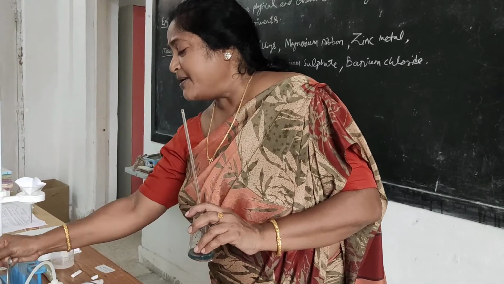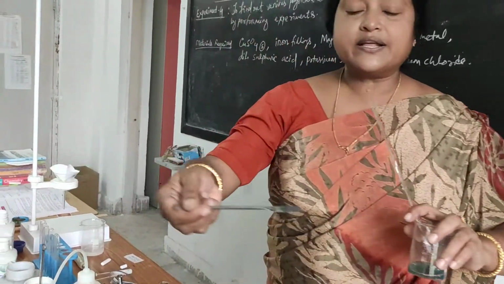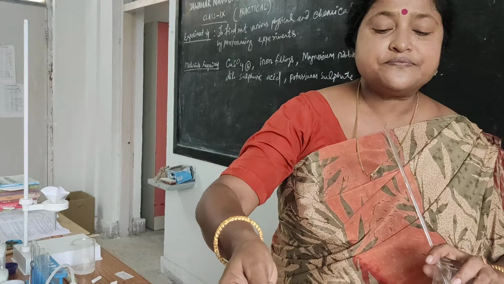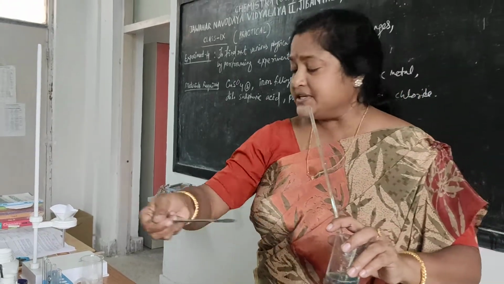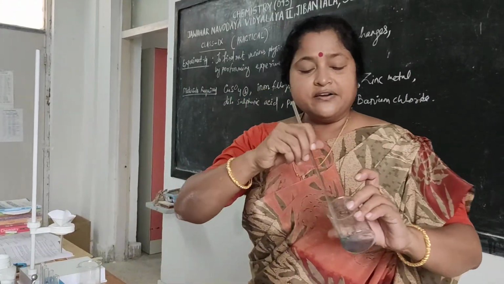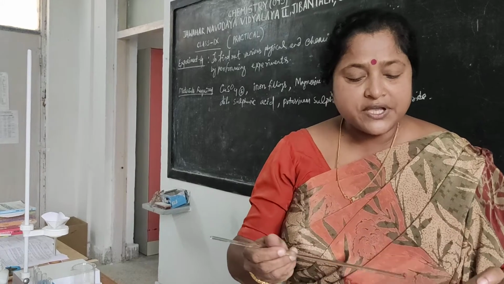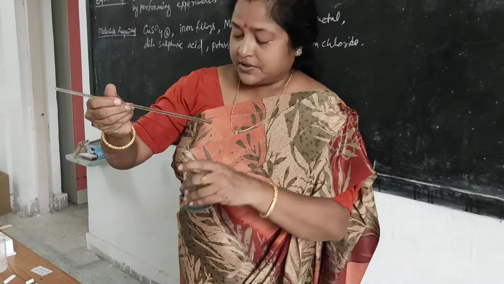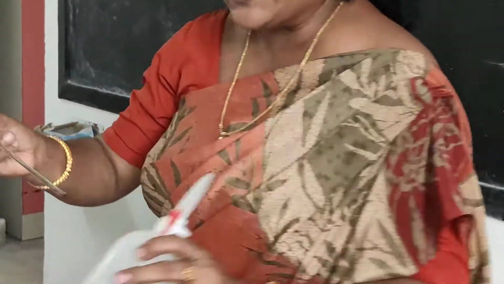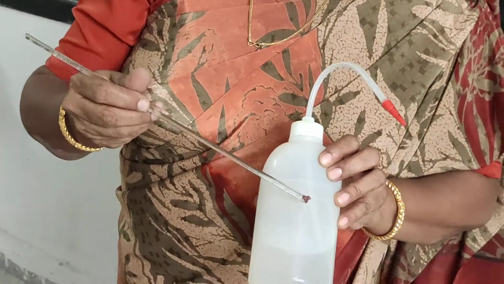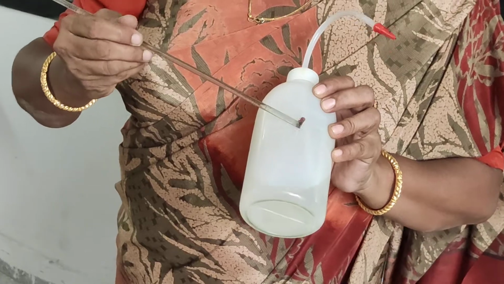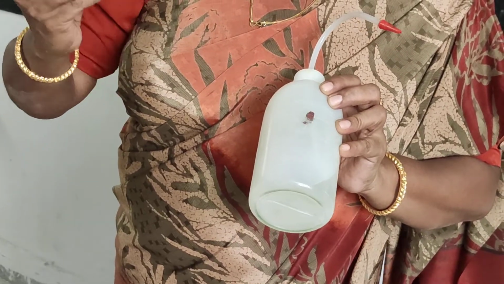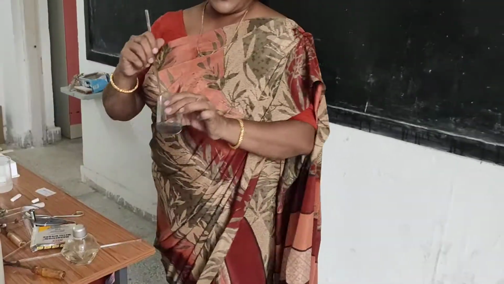You have added bright dark grey color iron filings. Now you are seeing that reddish brown color copper metal is getting separated, shown against a white background. This reddish color is known as your copper metal.